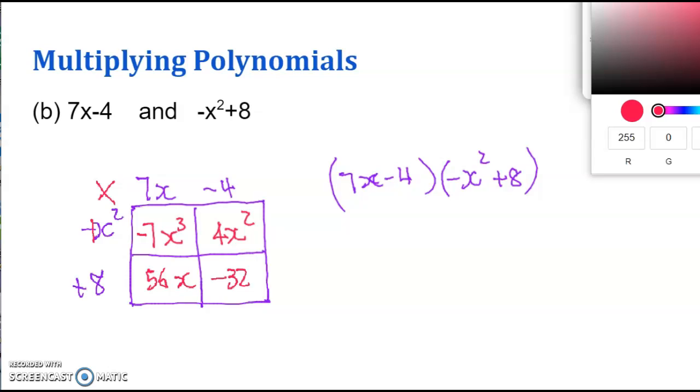We have an x cubed term, an x squared term, an x term, and a constant, so none of them are like terms. That means we just leave it as it is. So that's your final answer.